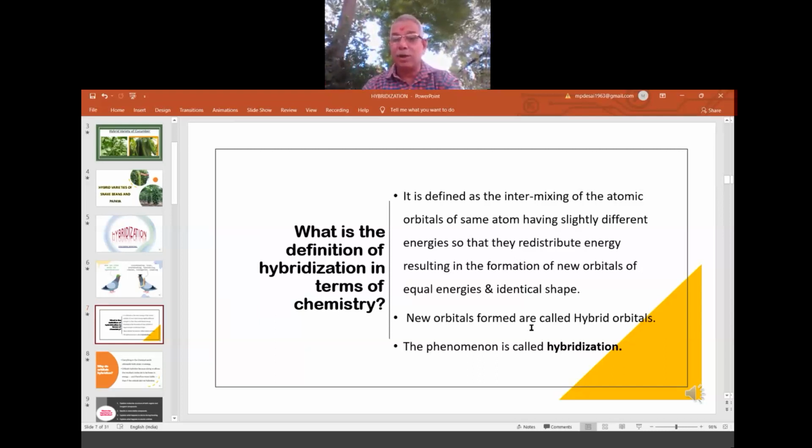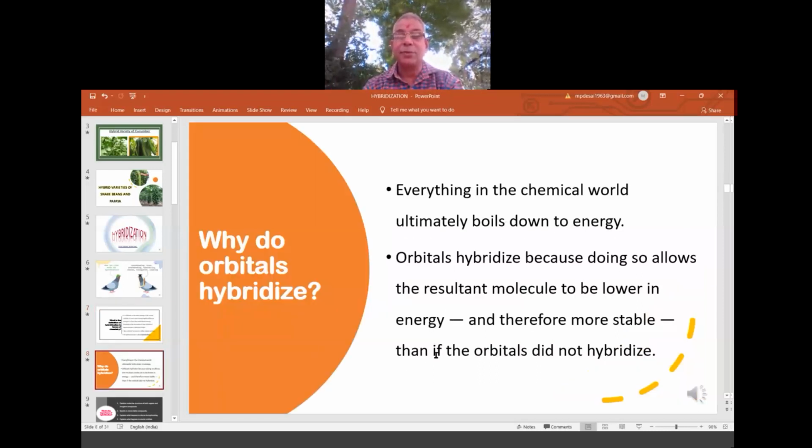The new orbitals formed are called hybrid orbitals, like hybrid seeds, hybrid plants, hybrid orbitals in chemistry. This phenomenon is called hybridization. Then why do orbitals go for hybridization? What is the need? Everything in the chemical world ultimately boils down to energy.